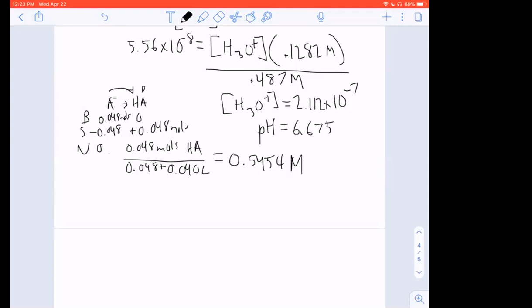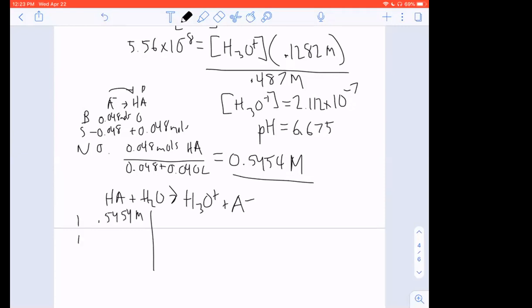Looking at this, we have this concentration. If you think about what's happening, you have HA plus H2O goes to H3O plus and A minus. You don't need to worry about water. The initial concentration of HA is going to be 0.5454. There's none of the products yet, and because we're at the equivalence point, there's no A minus left.